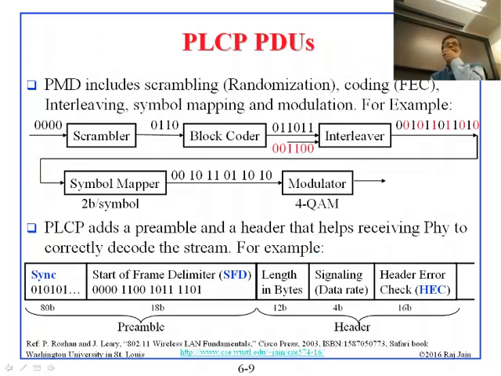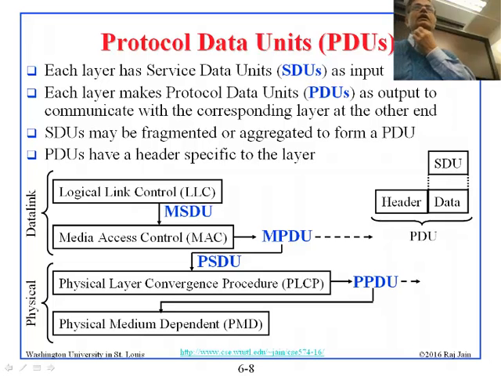Is the PLCP part of the actual wire itself, or is it some interface between them? So what happens is when you give a packet, when you give a PSDU to the physical layer, it adds some bits in the front. Why does it add some bits in the front? So that you can figure out that a packet is coming. See, by the time you figure out the packet is coming, some bits are gone.